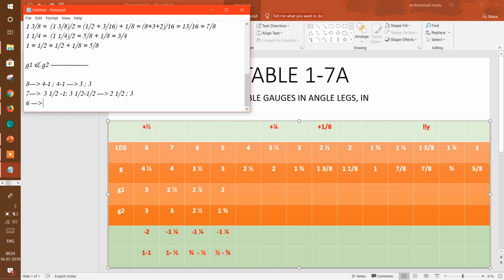And when coming to 6 to 5, coming to 5, just reverse it. Okay, 3, 1 by 4, sorry, 3 by 4.